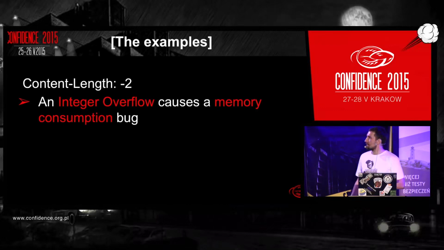The bug occurs while parsing the Content-Length header with the parameter -2. While parsing such a request, the web server tries to convert a signed integer to an unsigned integer, so it gets a large number, and then it tries to use an allocation function to allocate such a big value, which causes a memory consumption bug.